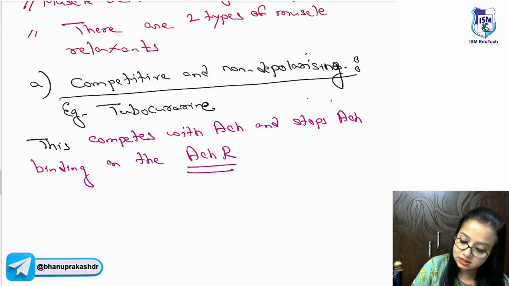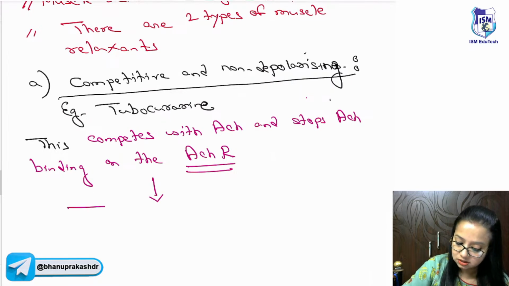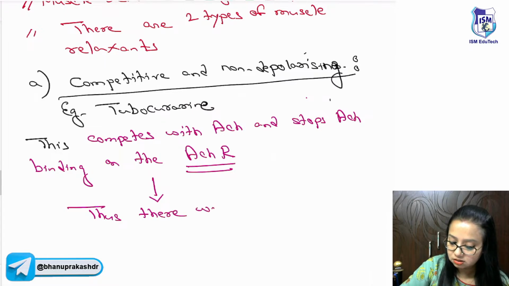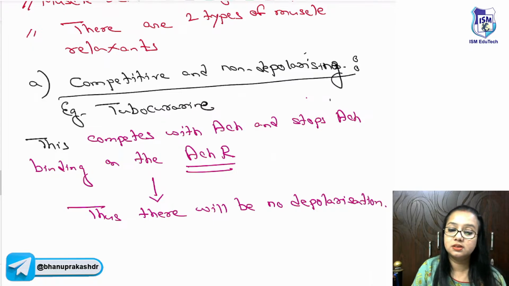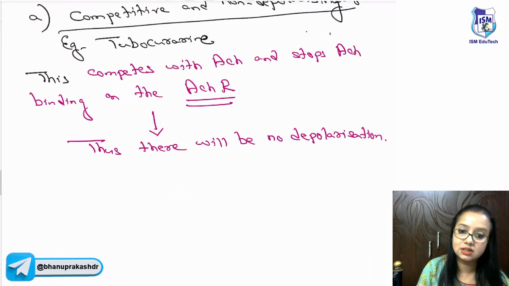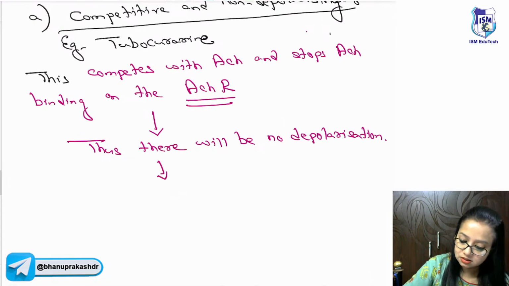If acetylcholine does not bind on the receptor, there will be no depolarization and the muscle will become relaxed.